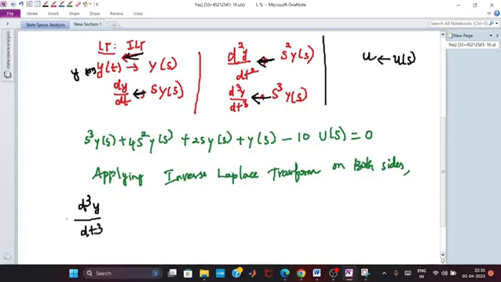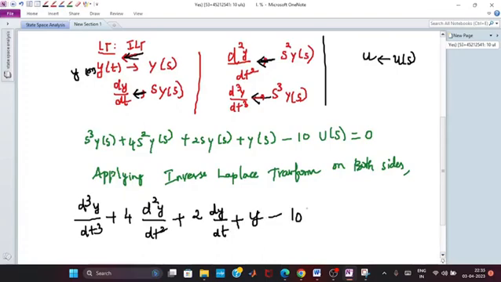Since the coefficient is 1, it stays as is, plus 4 times s square into Y(s), that is d square y by dt square, plus 2 times s into Y(s), that is dy divided by dt, plus Y(s), simply y, minus 10 times U(s), simply u, that is equal to 0.